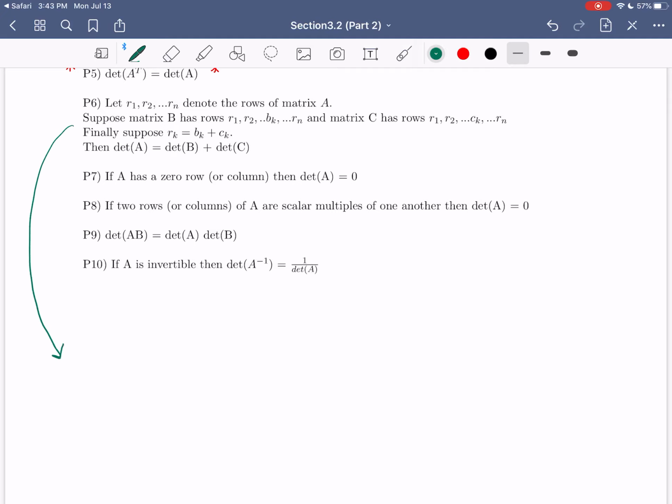So let's actually give a matrix. So imagine we had some sort of matrix.